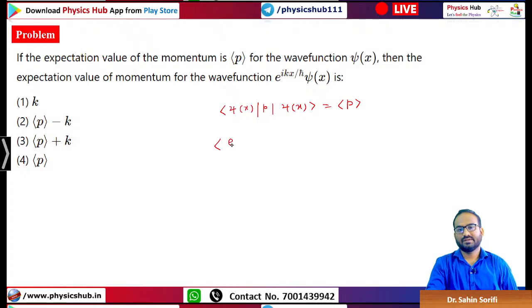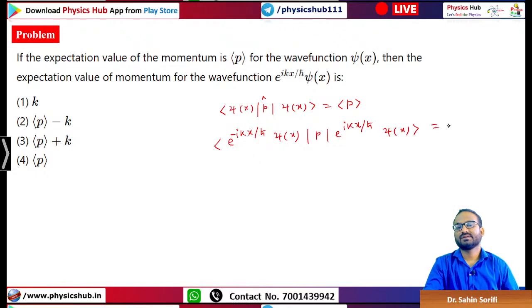Then for e to the power i k x by h cut psi of x, this is ⟨psi|p|psi⟩ with the factor e to the power i k x, equal to how much? Actually this is what it is asking precisely. Get it?